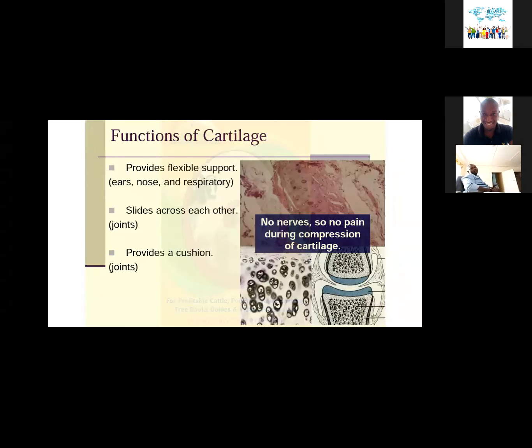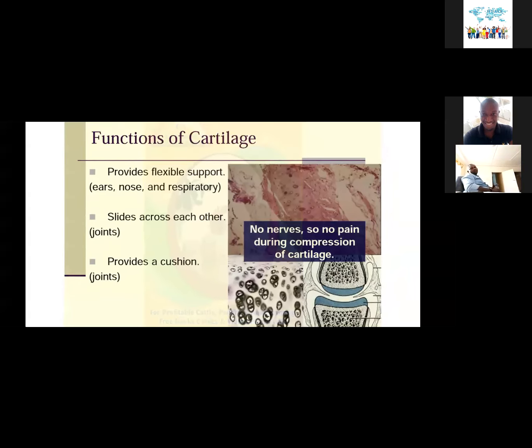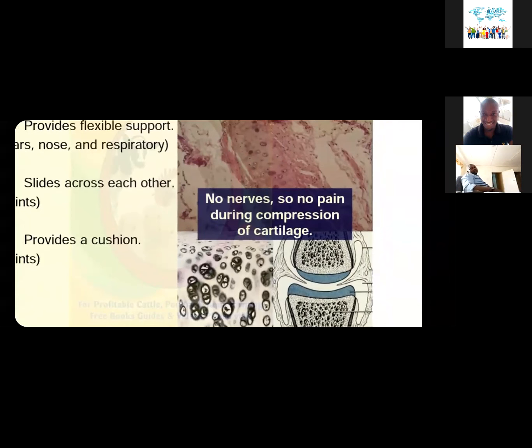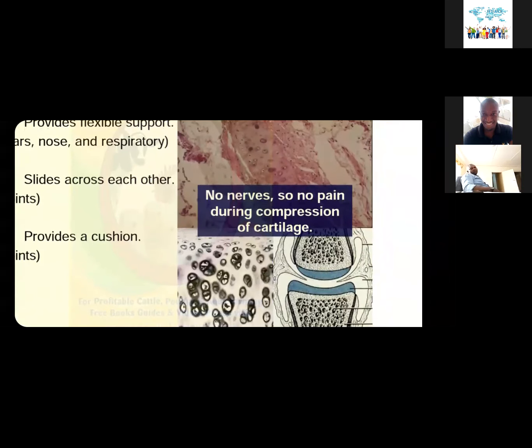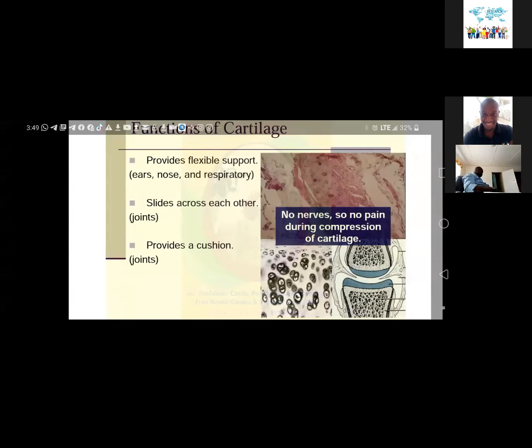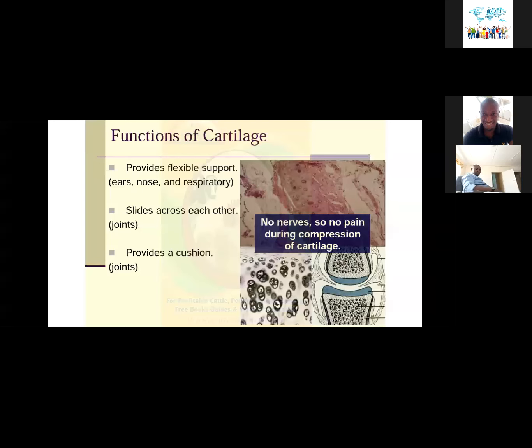Functions of the cartilage. This one on your right side of the screen, there's a bullet that says no nerves, no pain during compression of cartilage. So first things first, you need to know that in the cartilage there's no nerve supply.